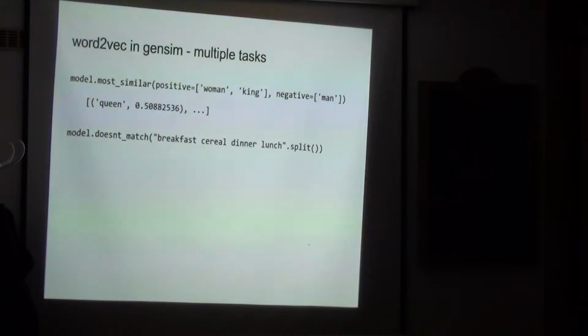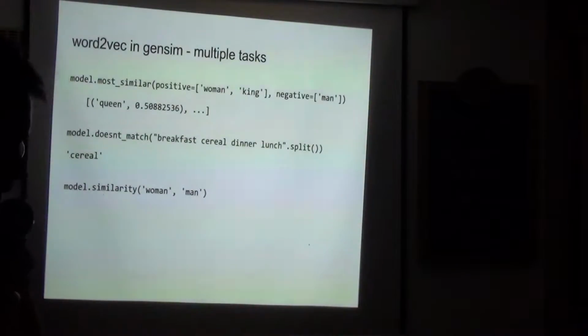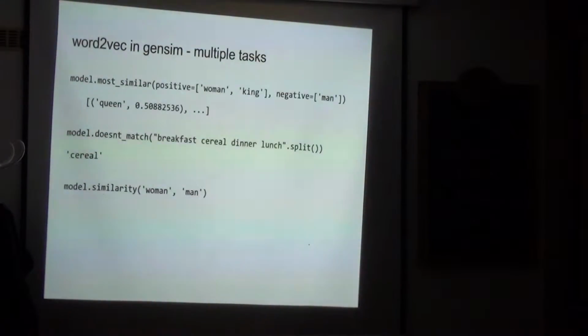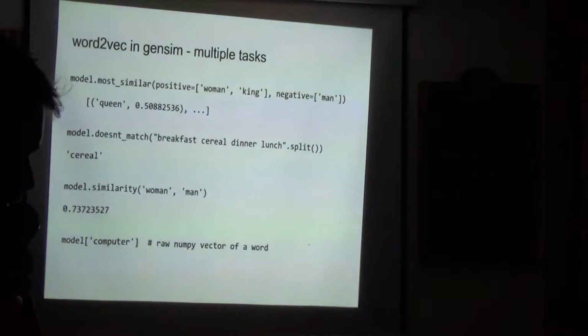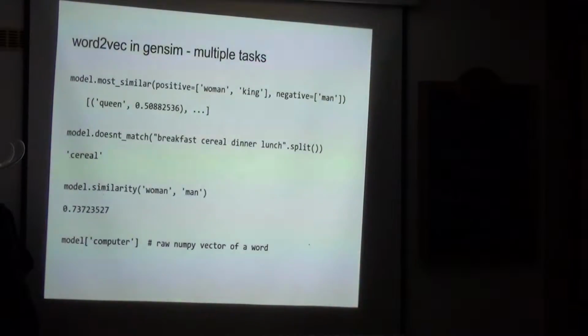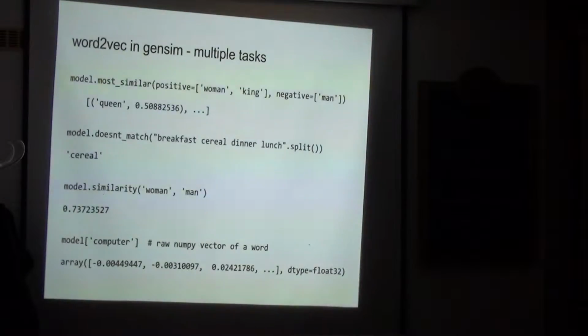If we use doesn't match, it basically reveals that cereal doesn't match here. We can measure similarity between two words, woman, man. We get some score, and we can just get a raw numpy vector of a word like this. Now, what's the great thing about this is that we don't need to bother with things like ontologies and various relations among words.